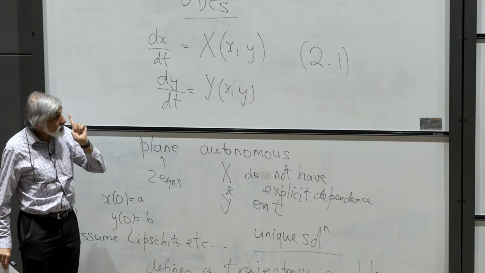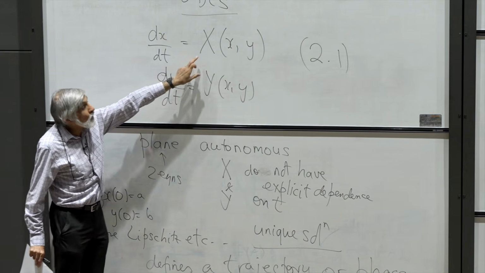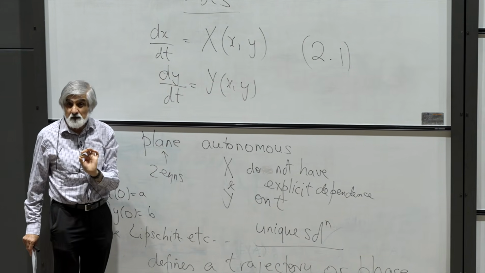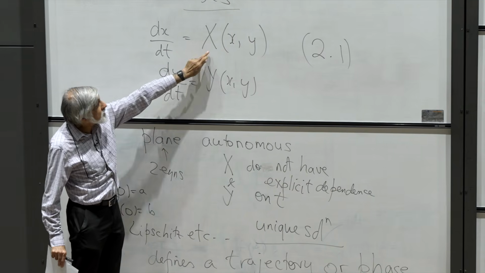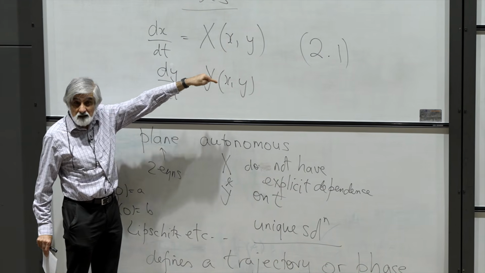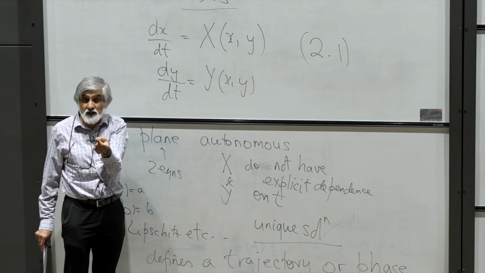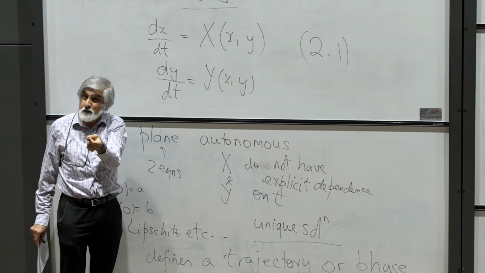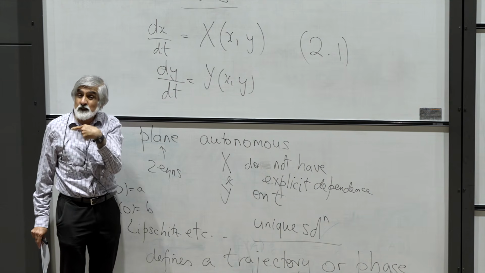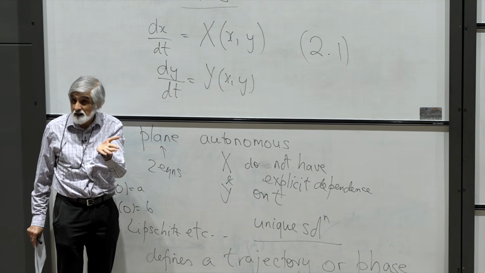Okay? So what we do then is we first of all look at the critical points. The points where these are equal to 0. And then what we'll do is we'll linearize the system about the critical point, and that'll get us a linear set of ODEs, which are easy to solve.